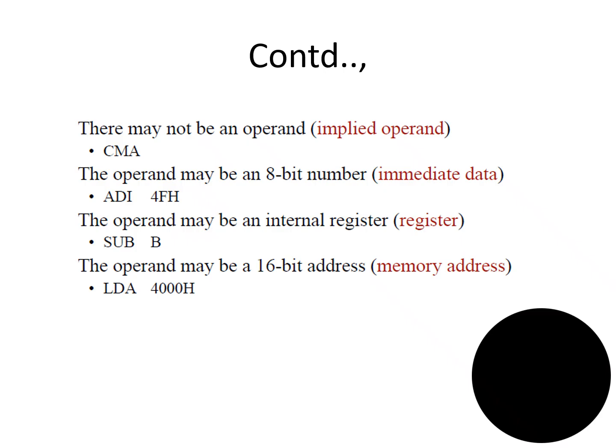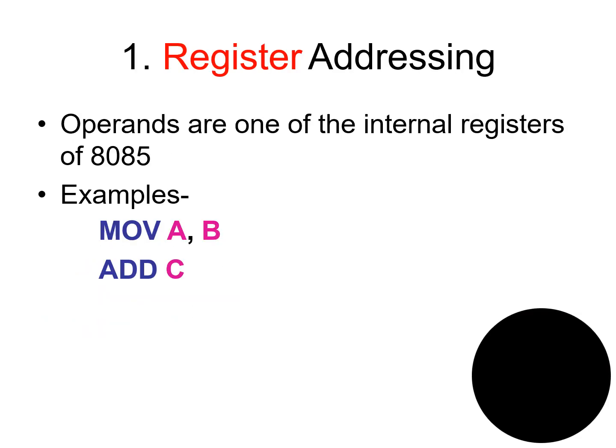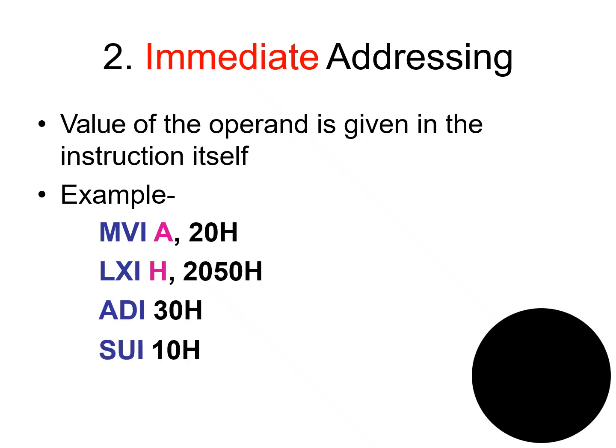So you can see here register, immediate, memory, and input and output. Register addressing mode is where the data is specified through the register. Immediate addressing mode means the data is represented directly in the instruction.